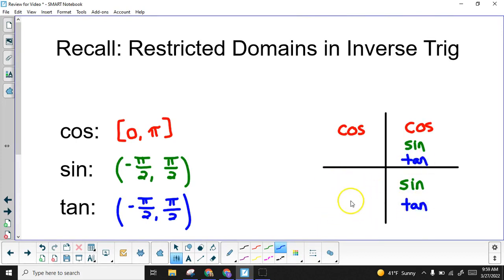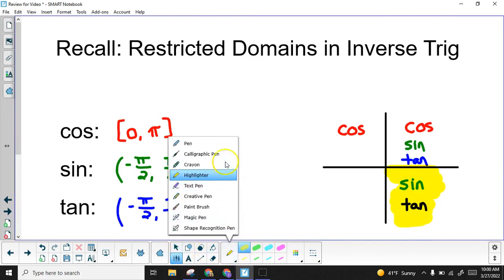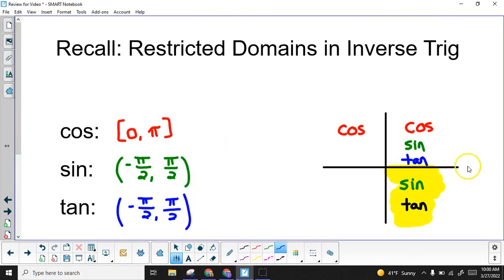That means none of our answers here will be anything in the third quadrant, and it also means that whenever we are expressing any values that are down here, we will express these values in negative angles. So we would not want to use 360 for a coterminal angle for 0.